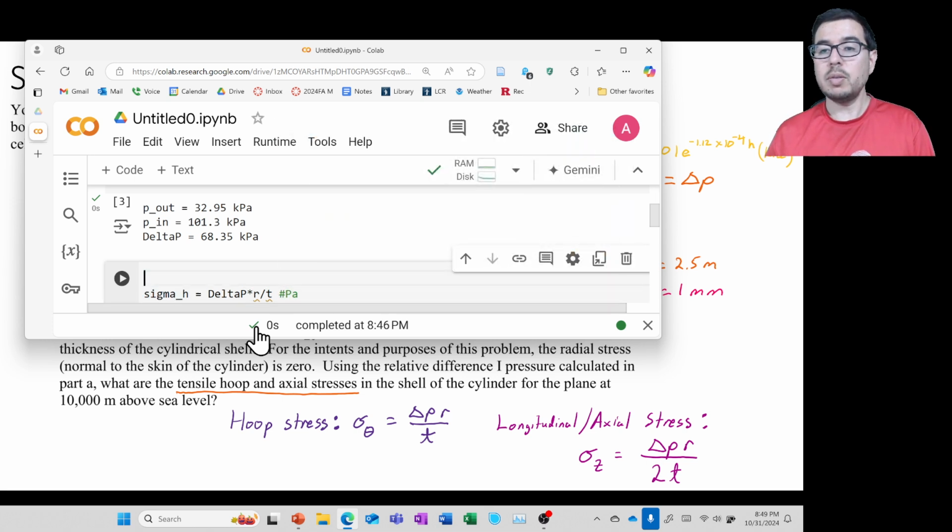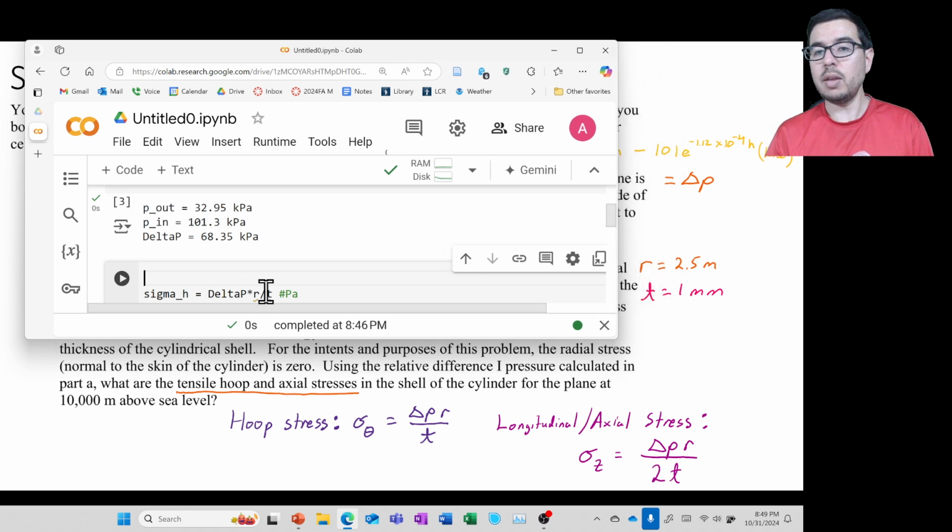But what are R and T? We said R was 2.5 meters, so we'll just put it like that. And T was 1 millimeter, so it's probably better to do 1 times 1e-3. You could do it a different way, but that will convert the millimeters to meters.